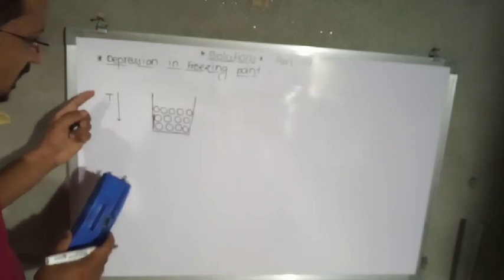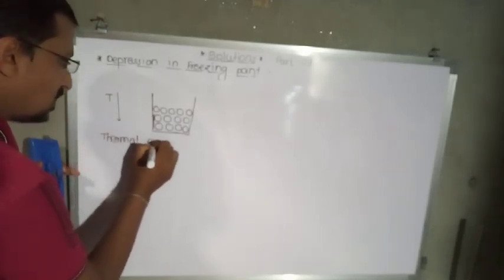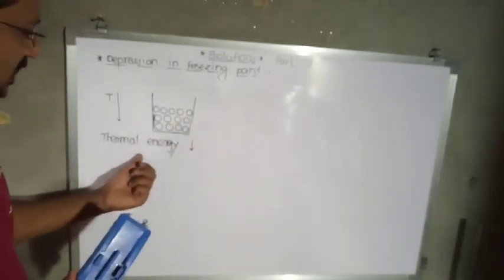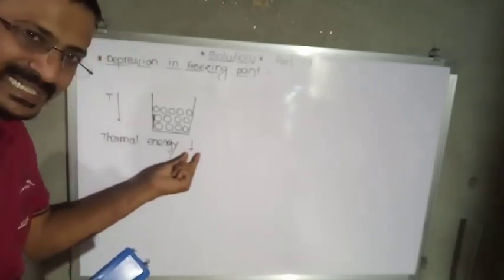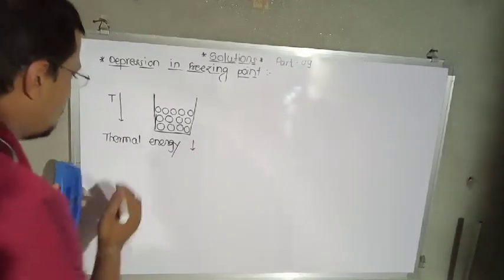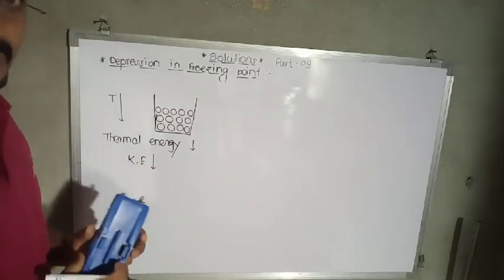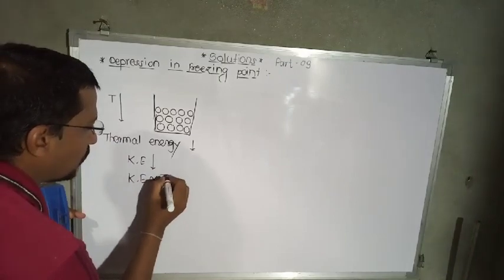As you decrease the temperature, thermal energy of the system also decreases. Thermal energy decreases because temperature decreases. And as thermal energy decreases, its kinetic energy also decreases or lowers, because kinetic energy is directly proportional to temperature.